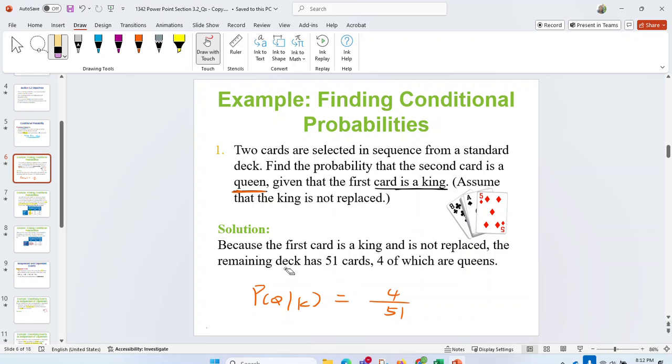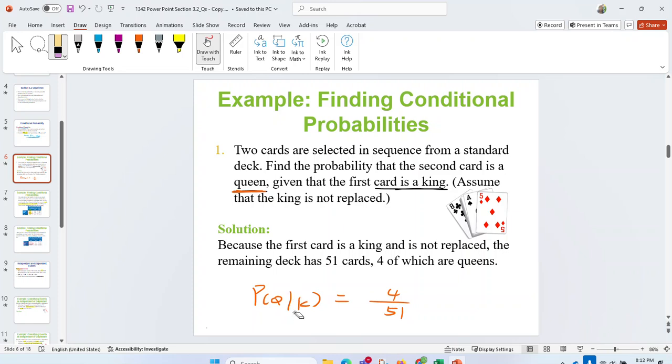If the first card is a king and you do not replace it, that means the first card is out. That means you only have 51 left instead of 52 total. And how many of them are queens? Four of them are queens. So this will be 4 out of 51.